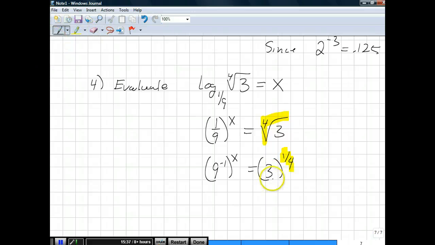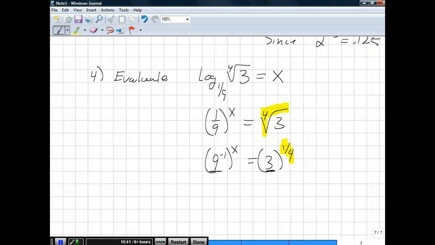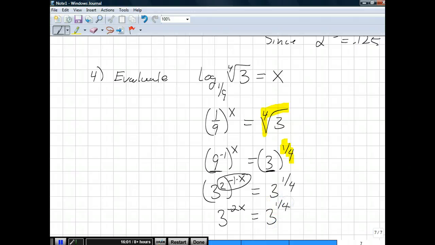Now we notice that this is a 3 and this is a 9. But 9 is the same thing as 3 squared, so we can rewrite it that way. Okay, so we get 3 to the negative 2x, because we multiply all these together, equals 3 to the 1/4.